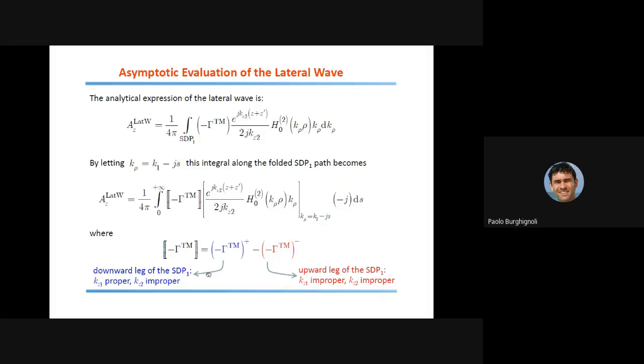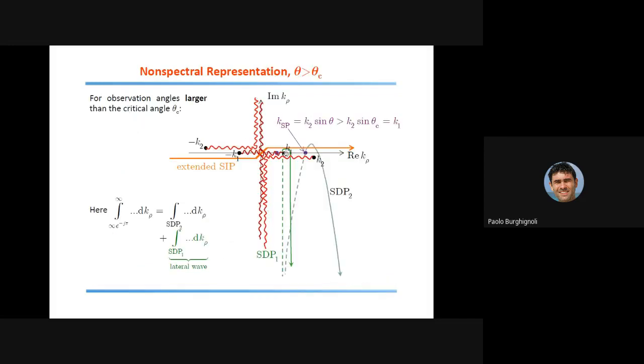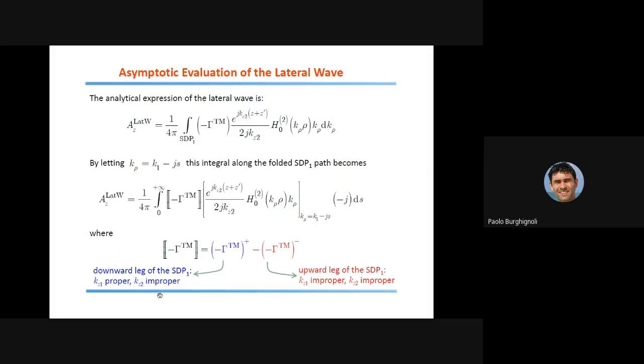Let me say more precisely that the downward leg, the one represented here with a solid green line, is not on the top Riemann sheet. That was wrong, since it crosses a single branch cut, the one here represented in light red. So with respect to the k_z2 vertical wave number, we are improper, whereas with respect to the k_z1 wave number, we are proper.